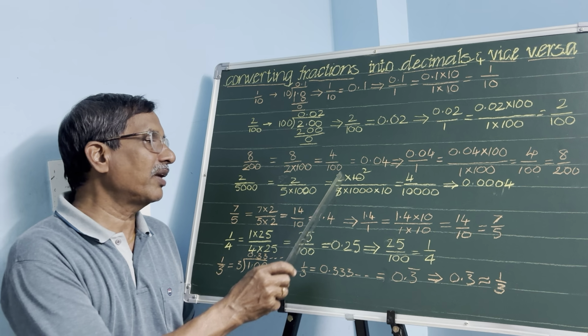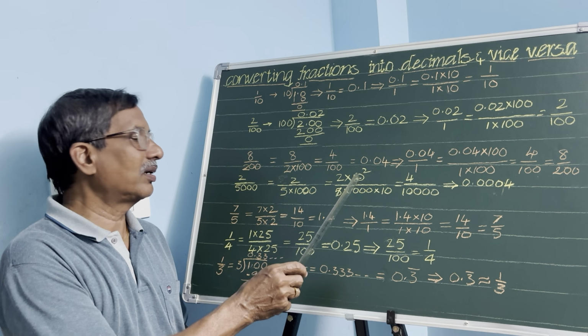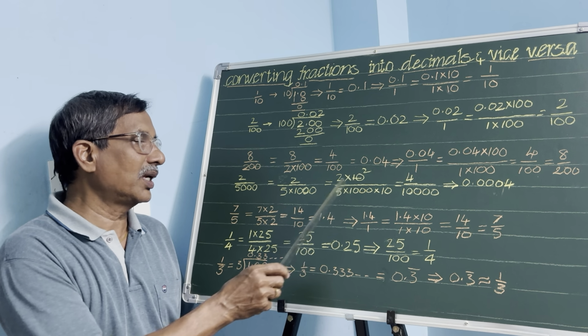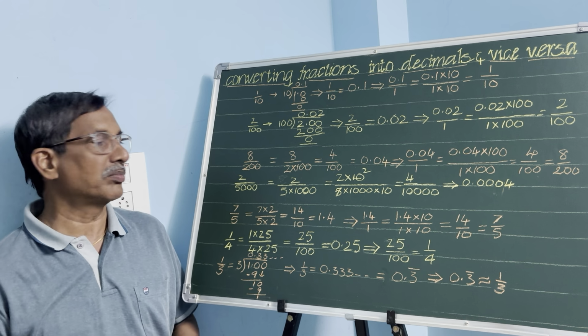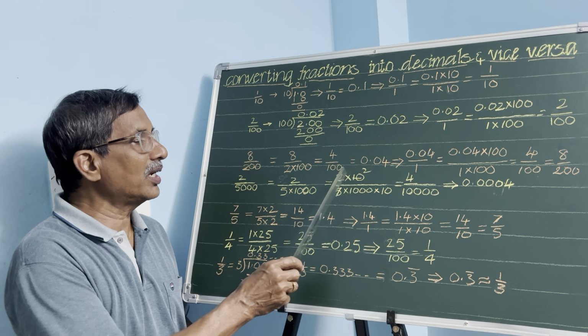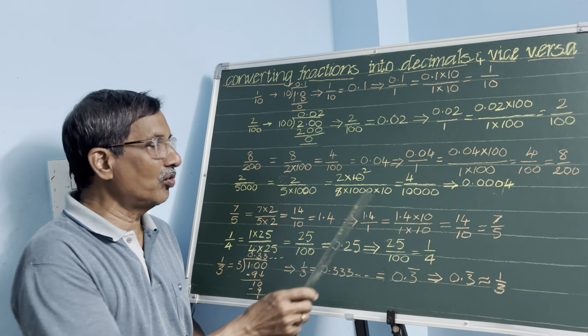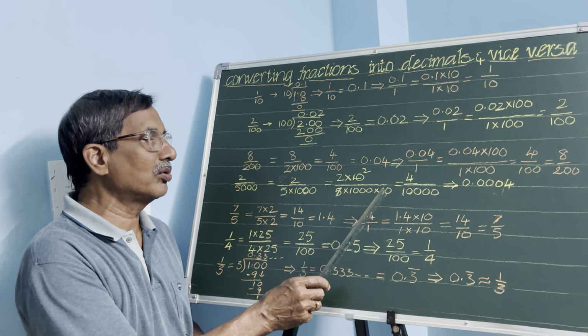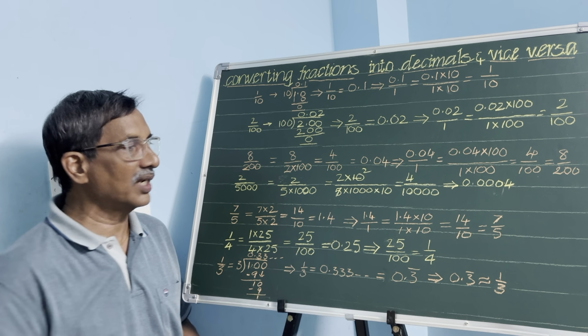So when you simplify 5 and 10, you will get 2 here. 5 divides 10 2 times. So in the numerator you will get 2 into 2, 4, and in the denominator 10 into 1000 into 10, 10,000.